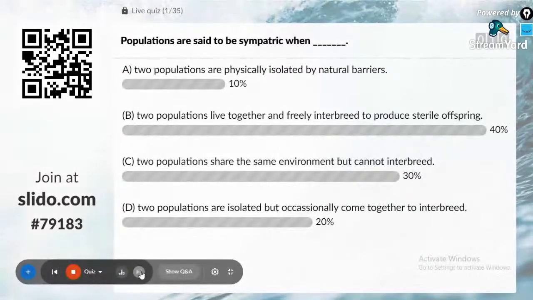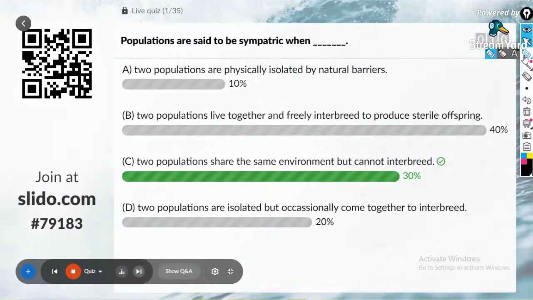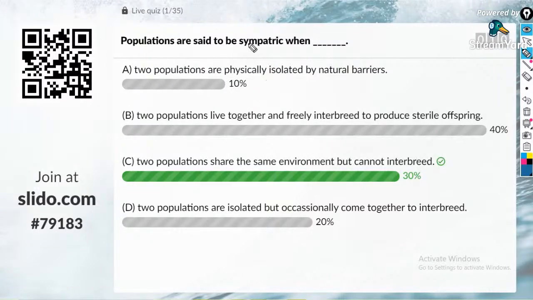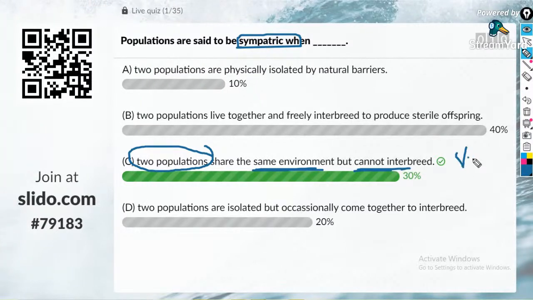An NCERT question, and the correct answer is: two populations are said to be sympatric when they share the same environment but cannot interbreed. Very important for NEET 2020.